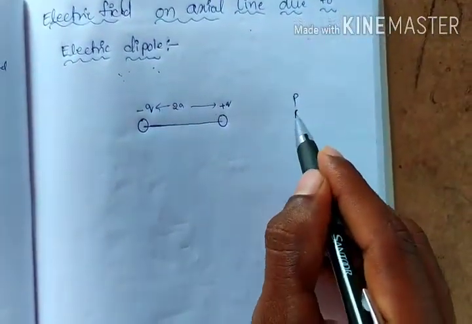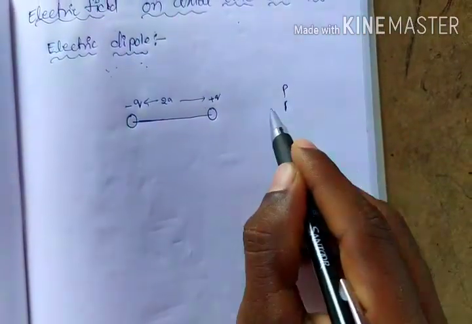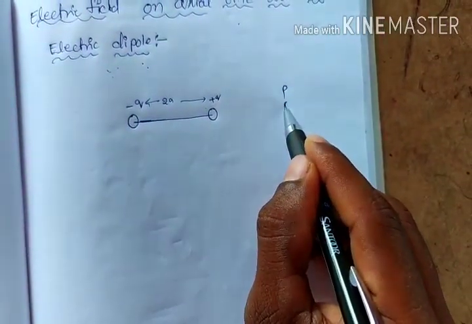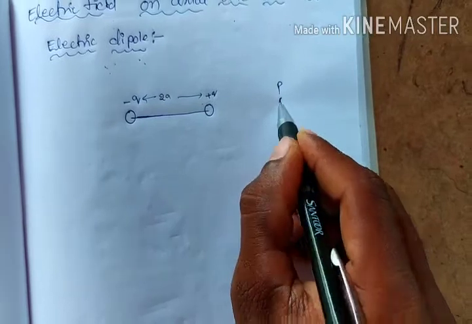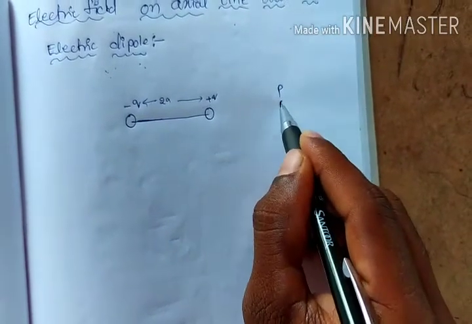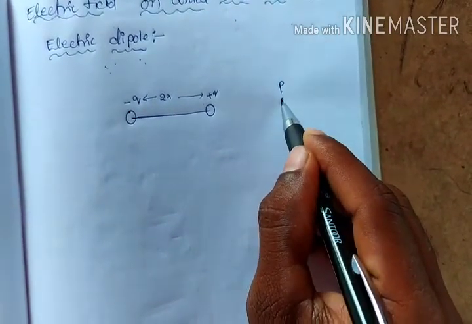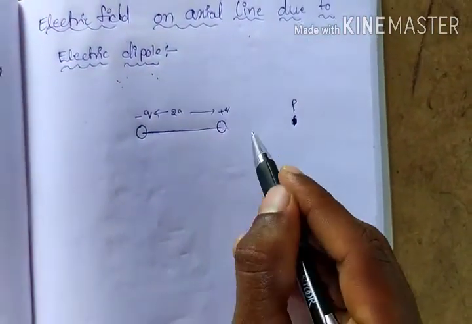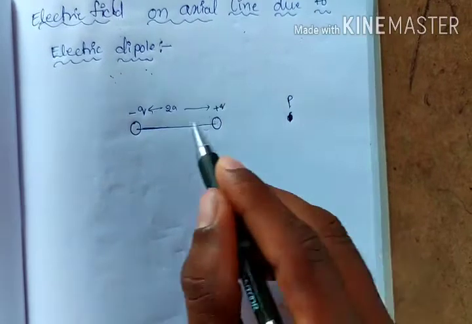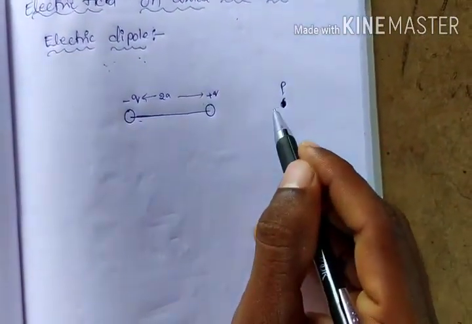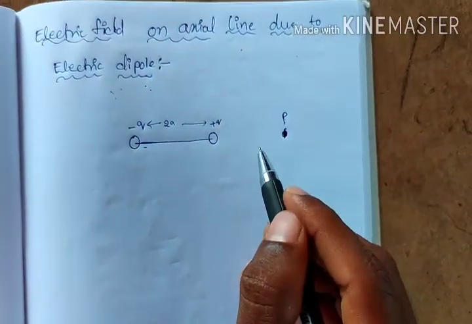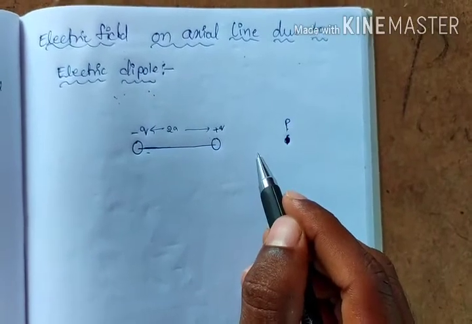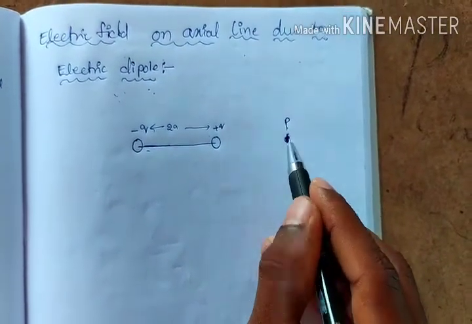So on the horizontal line we take any one point, P, a point charge. From point P, how much electric field has been developed due to the dipole? We have to find the electric field developed at point P.